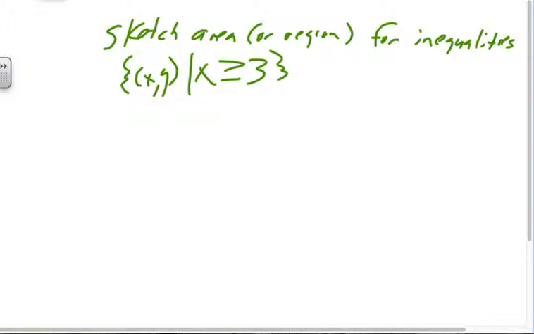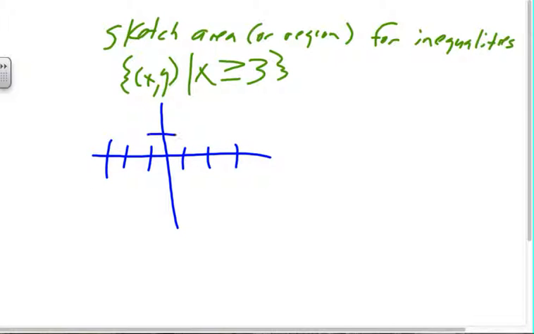What you do is really remarkably easy. Sketch yourself a coordinate grid. Now I've got to sketch an x and a y. Otherwise, if it was just x, it would be a number line, where x is greater than 3.